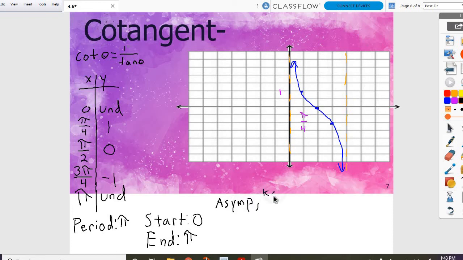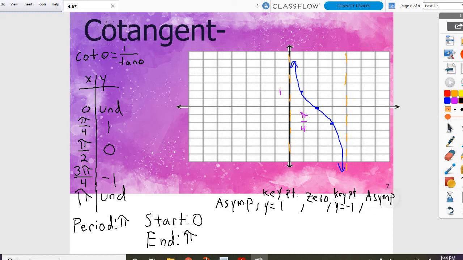The only difference is my key point where that y value is 1 comes first, then we have a 0, then we have a key point with y equals -1, and then we end with an asymptote again.